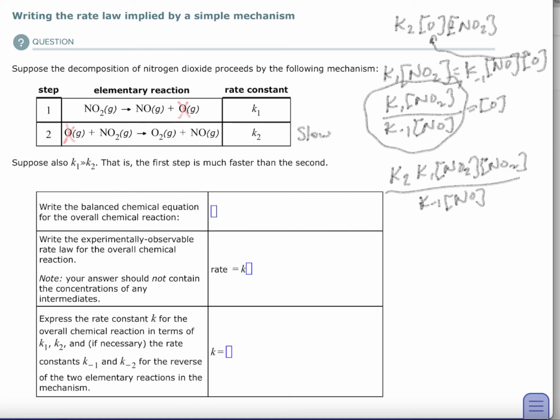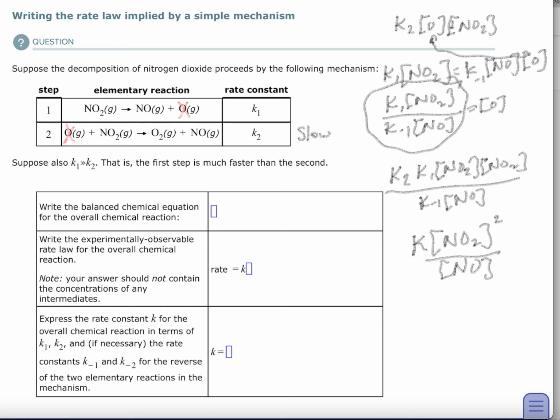Let me just simplify that. What would that be? That's going to be k times the concentration of NO2 squared over NO. Do you see? Because all three of these are considered my k now. All of this is k. So I just have this k times NO2 squared over NO. That's what you have for your second answer.